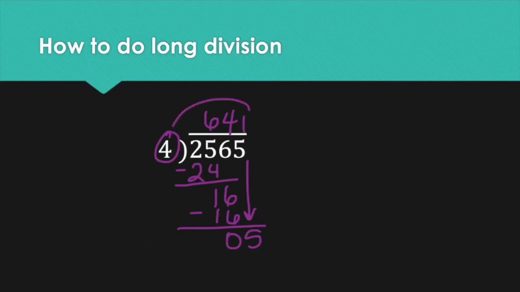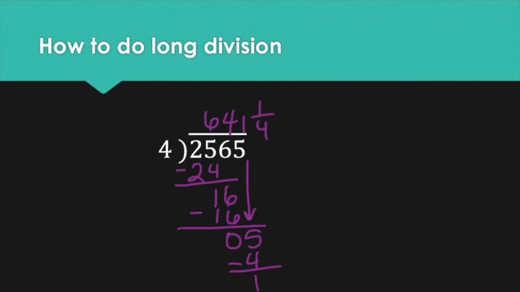And 4 times 1 is 4. Subtract, get 1. We do our remainder. And now we need to see what do we do with that remainder? Depending on what grade you were in, sometimes you wrote a remainder 1. Other times you wrote it as a fraction, and that is exactly what we're going to do today. We're going to write this as a fraction. We're going to take the 1 over the 4.